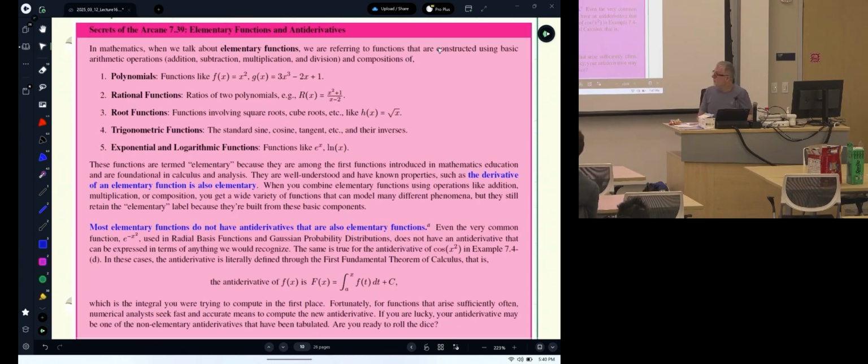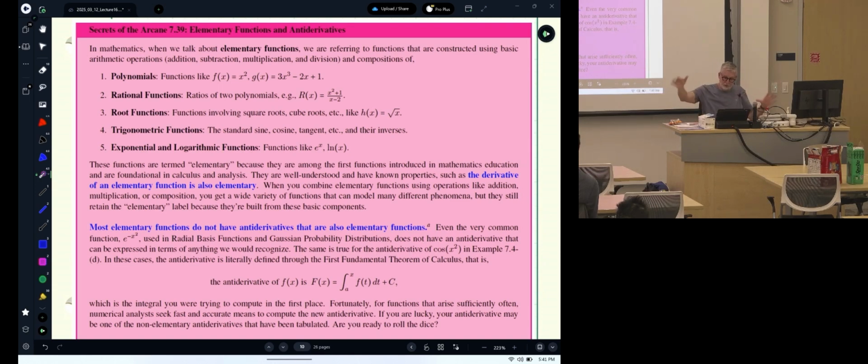And once again, elementary functions, those are things you get from polynomials, rational functions, roots, trigs, exponentials, and composing all those things together. Those are the elementary functions. You differentiate an elementary function, you get an elementary function, but most elementary functions do not have elementary antiderivatives.